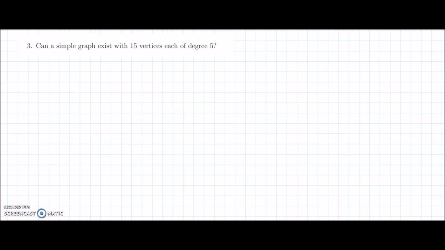This last example is a little bit more theoretical. It asks us, can a simple graph exist that has 15 vertices, each of degree 5? Okay, now, how do we approach a problem like this? Well, one idea is to just draw some graphs.